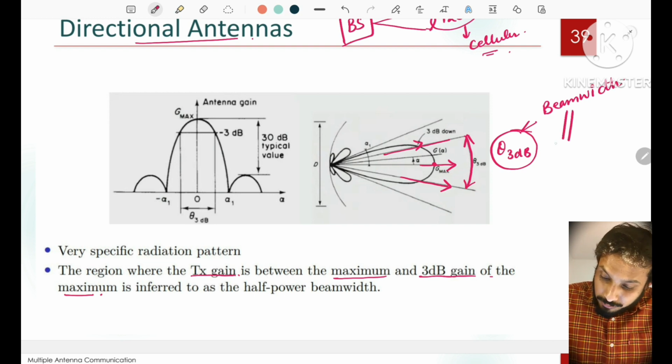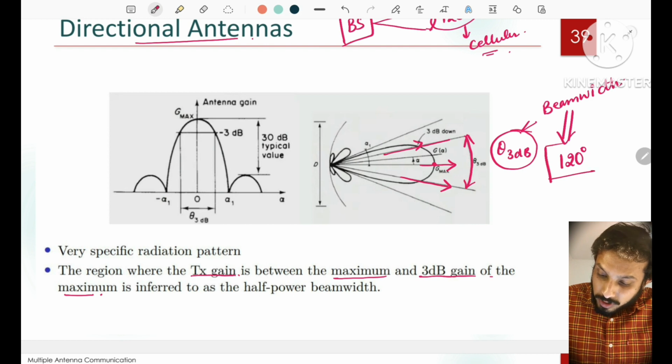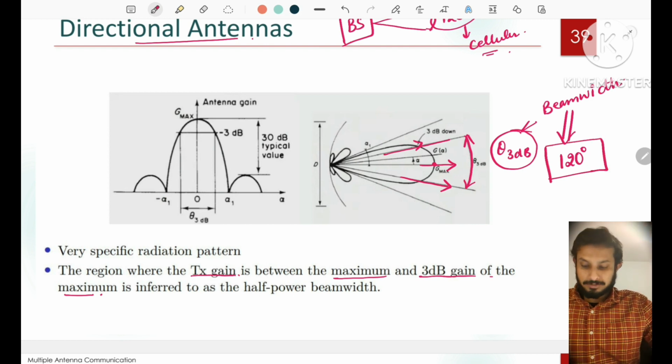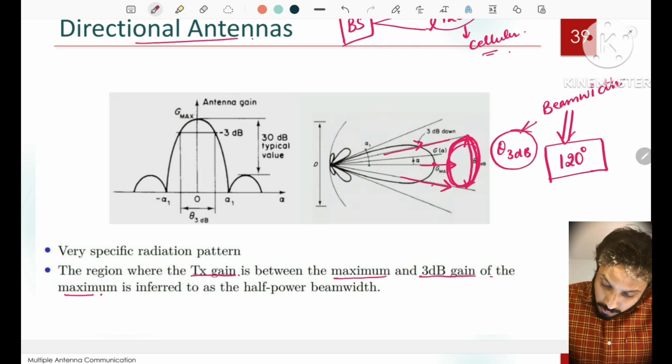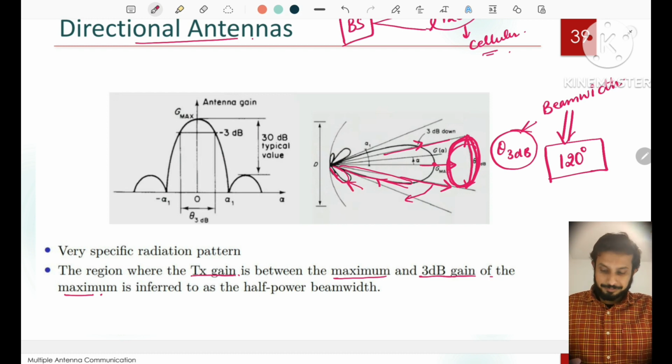Generally we want this value to be equal to 120 degree to achieve sectorization. So when the user is present in this direction, we can assume that huge gain is achieved in this direction, whereas as the user goes away, there is still some lesser amount of gain, but our aim is to further reduce these side lobes.